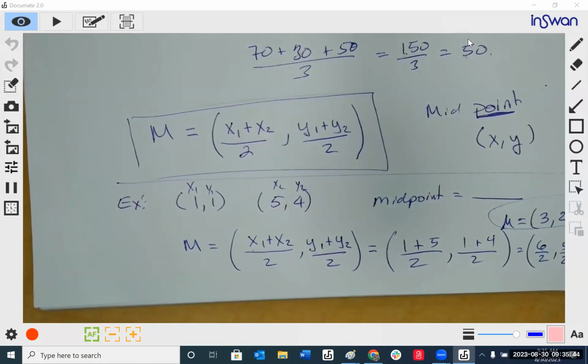What would be a real world application of midpoint? Why would you need to know the midpoint of anything? Let's say you have a family emergency at home.